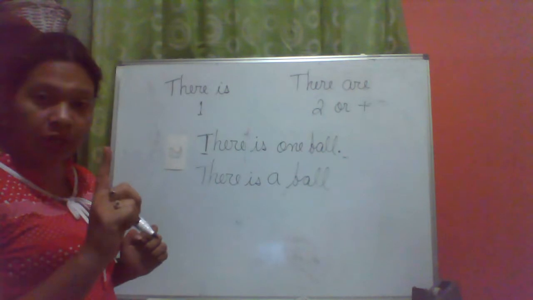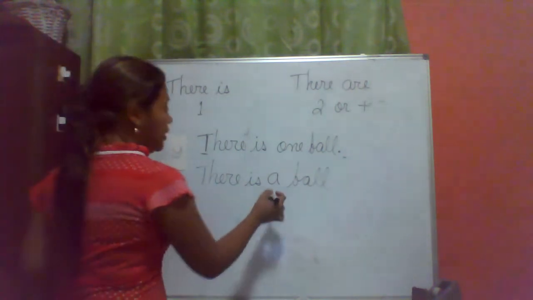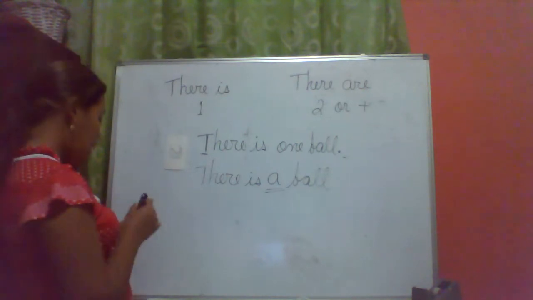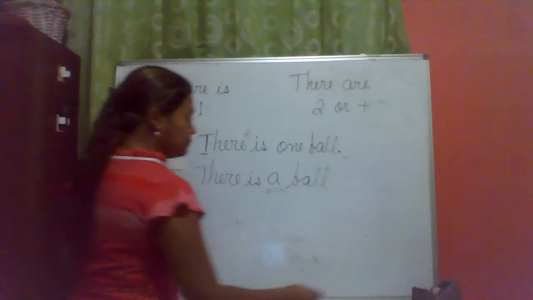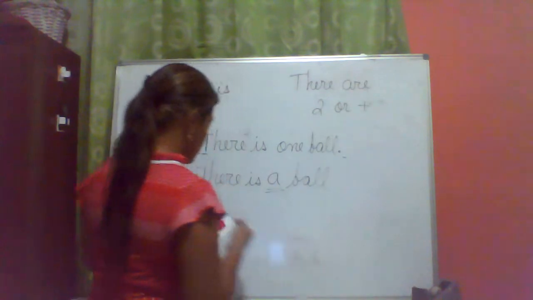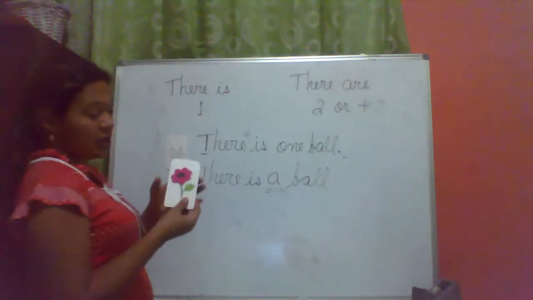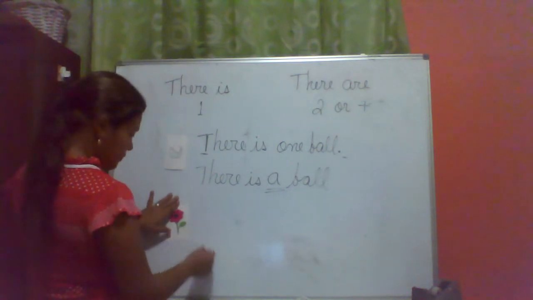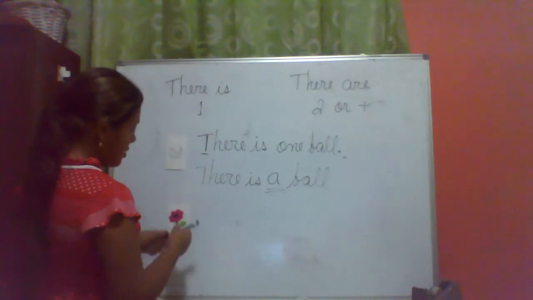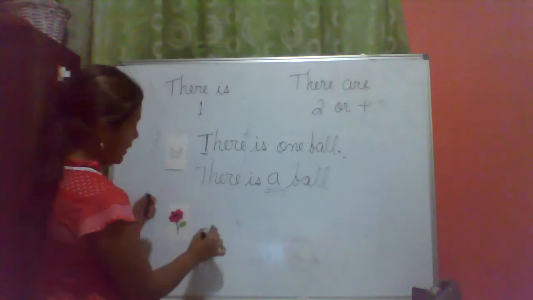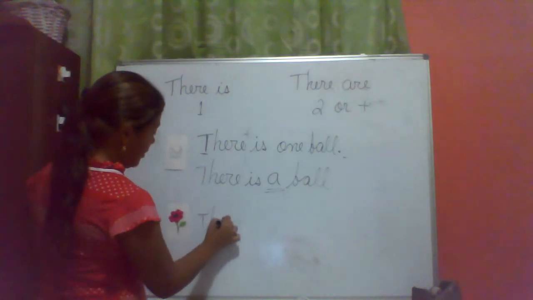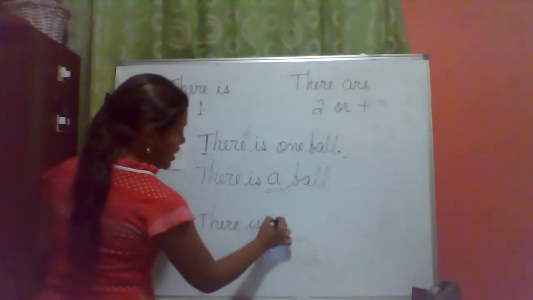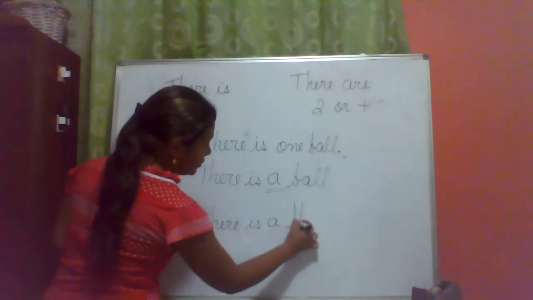When we have only one object, we can use a ball. Okay? Another example. This is a flower. Okay? We begin with a capital letter. There is a flower.